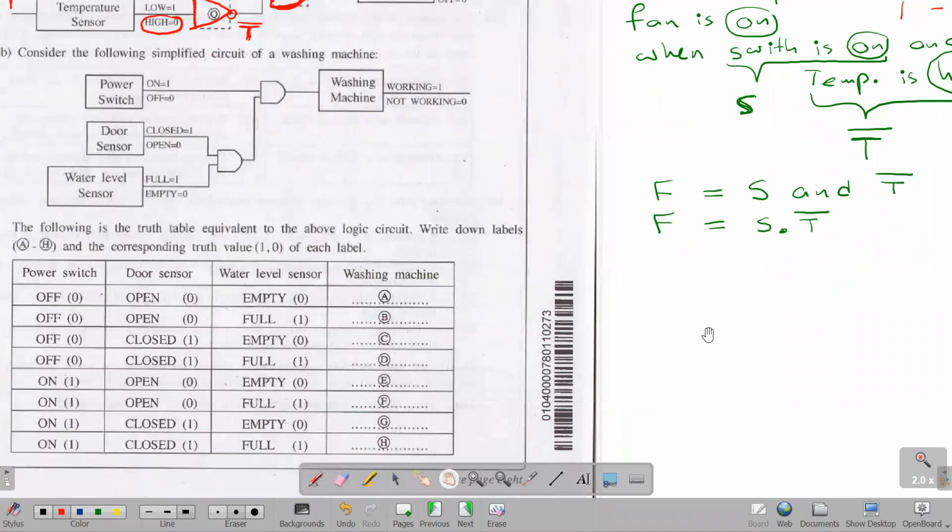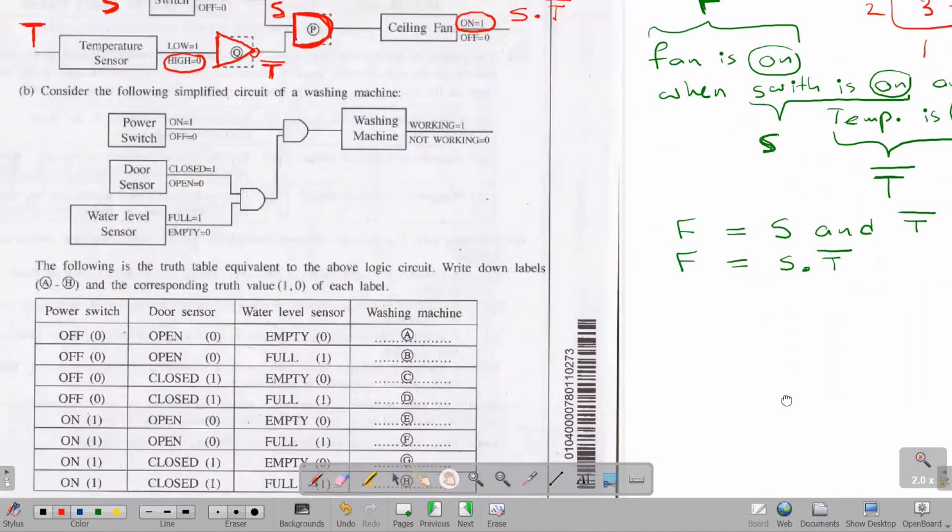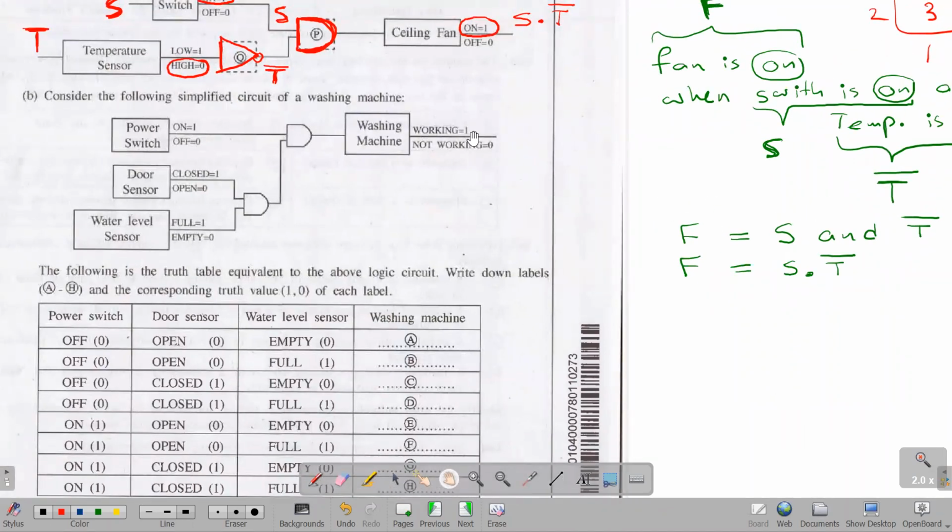So now it's going to be work, right? Working indicates 1. So if the working indicates 1, that means this should provide 1. To provide 1 from here, these 2 lines must have 1s.